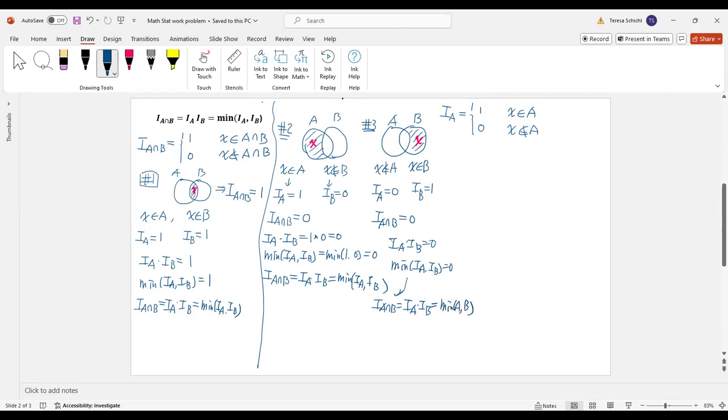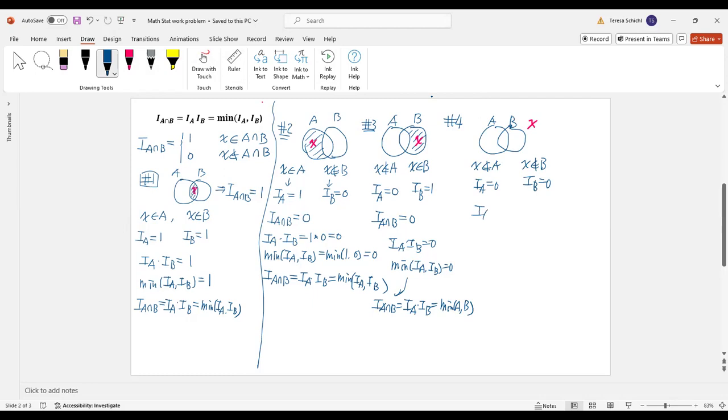All right, the last situation is situation number 4. My x is outside both sets. So x is not in A, this is A, this is B, and x is not in B either. So IA is equal to 0, and IB is equal to 0.